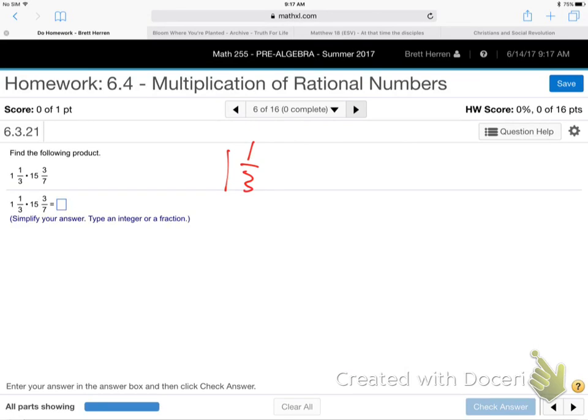One and 1/3 times 15 and 3/7. So change those mixed numbers to improper first off. You multiply the bottom and you add the top, or you just use your fancy calculator to do the whole thing, because it's just numbers.